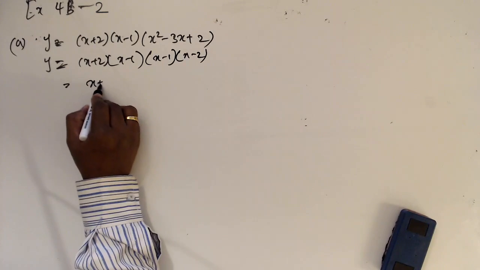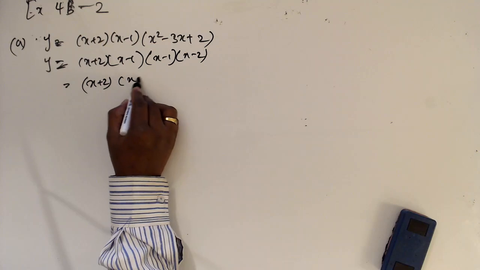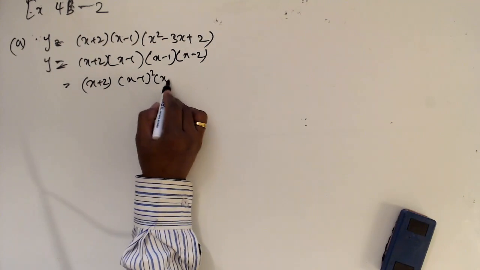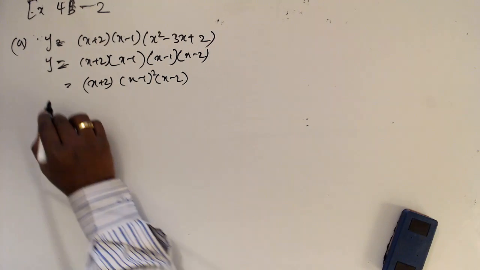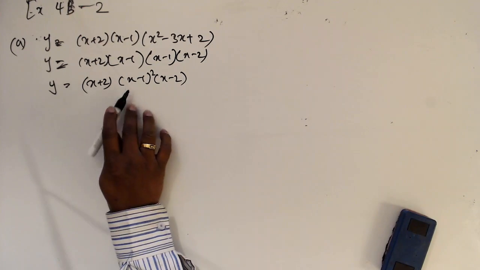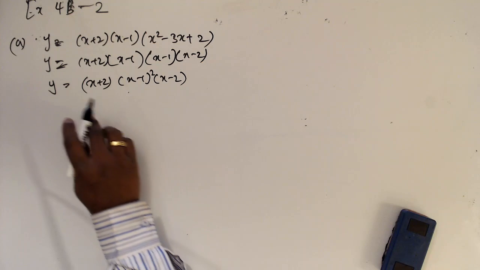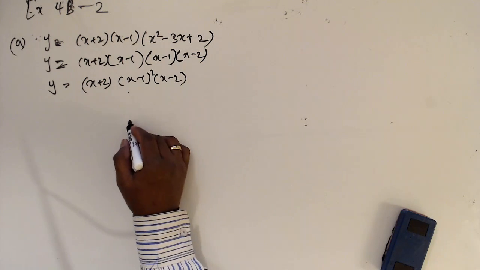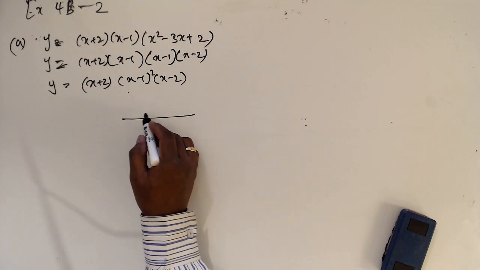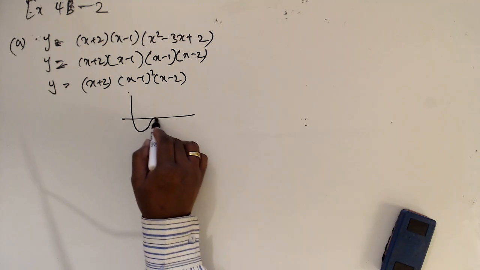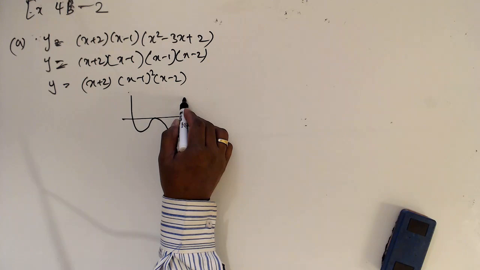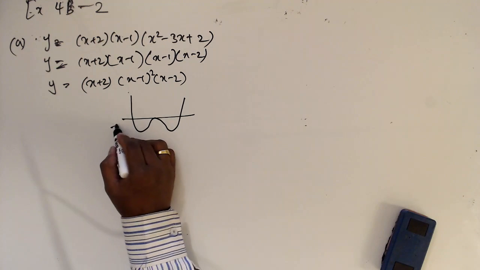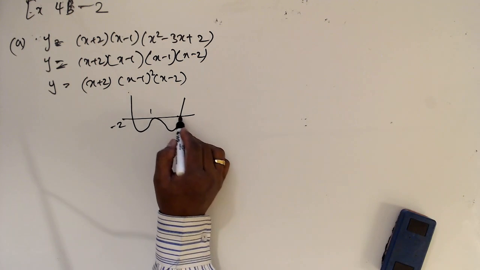Then this becomes (x plus 2)(x minus 1) squared (x minus 2). So now you can see that the repeated root is in the middle and a is greater than 0. We are expecting this kind of graph. This is minus 2, this is 1, and this is 2.